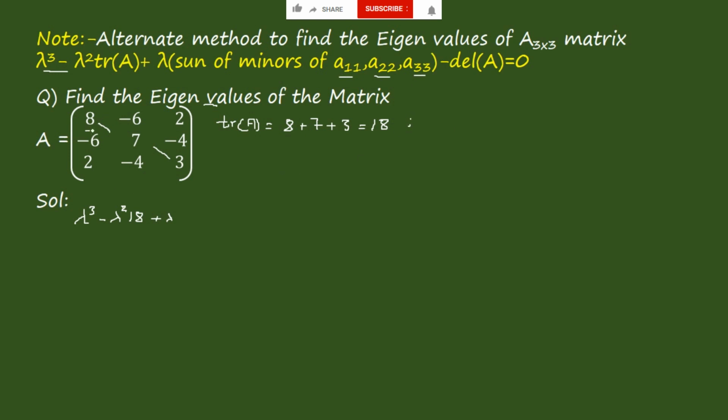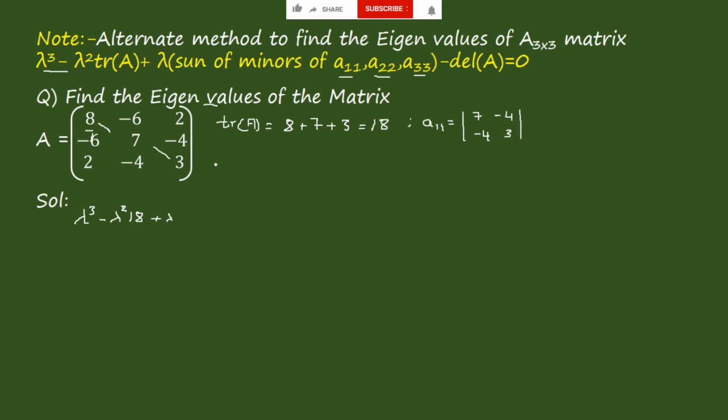What is A11? It is 8, right? So the minor of it, we're defining it out. For A11, we have the determinant of, if you remove the row and the column, then we get a 2 cross 2 matrix. It is given as 7 minus 4 minus 4 3, right?